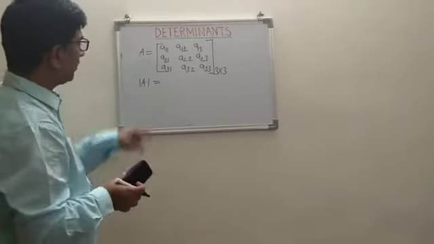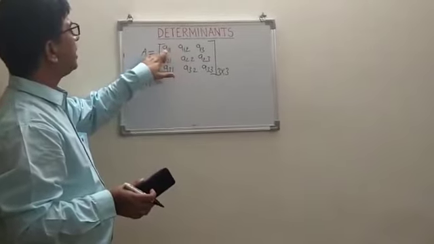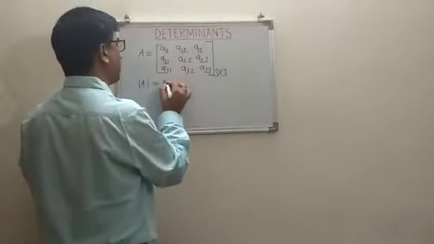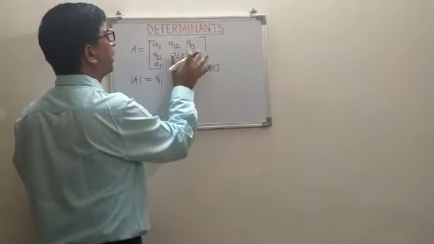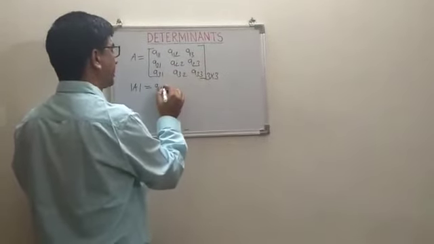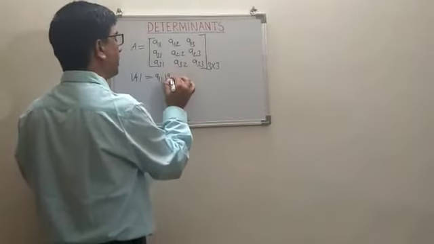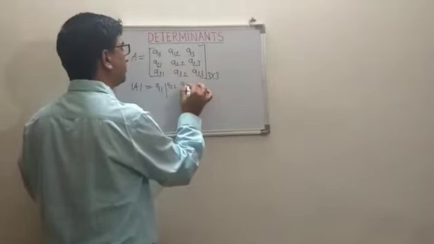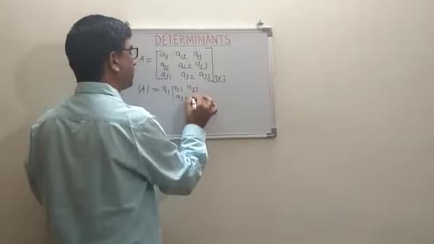Whenever we want to expand, we are expanding along column 1. A11 is multiplied by the order 2 determinant obtained by eliminating its row and column, that is A22, A23, A32, A33.